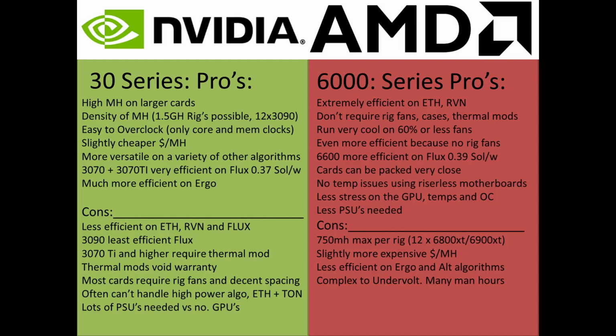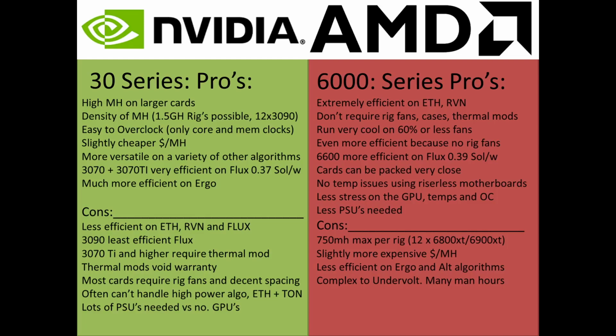So next benefit to using the 6000 series is it's less stress on the GPU. If you're mining, say, Raven coin on a 30 series card, you're going to be putting a lot of stress on the GPU core in that specific scenario on Raven, because you're overclocking the heck out of the core and it gets extremely hot.